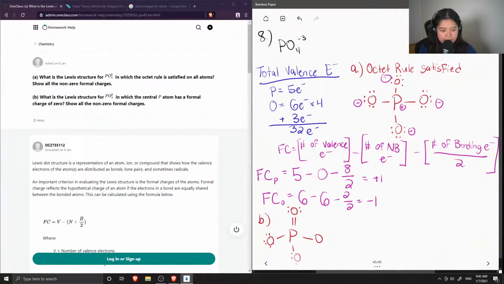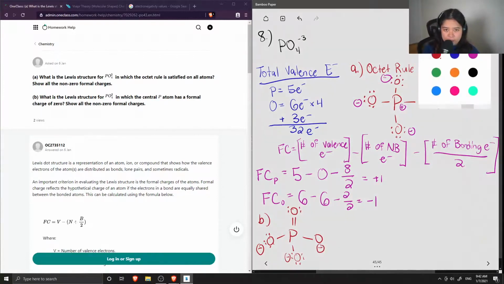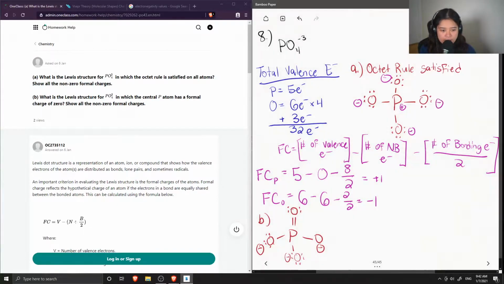So now all of these oxygens still have a minus 1 charge because they didn't change.